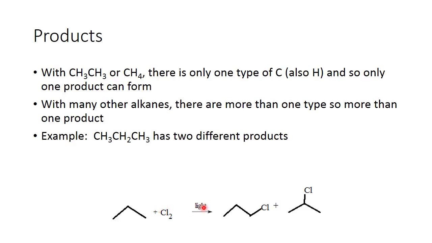I'm going to irradiate it with light, and what do I get? I can get substitution on a primary carbon, or I can get substitution on a secondary carbon. We call this molecule 1-chloropropane, and this molecule we call 2-chloropropane. Two different products form.